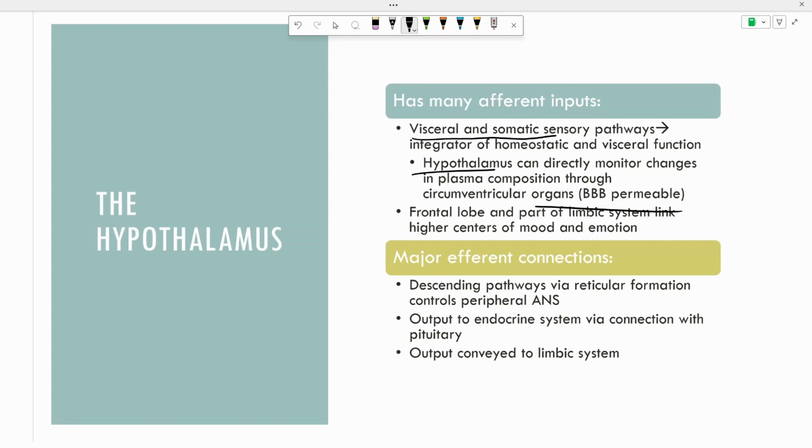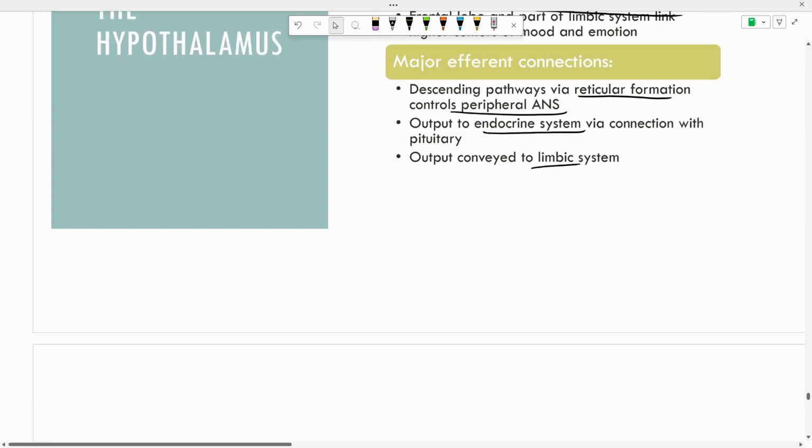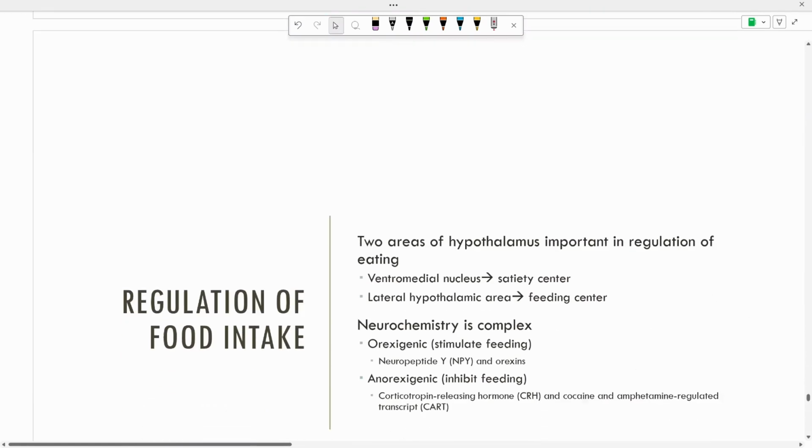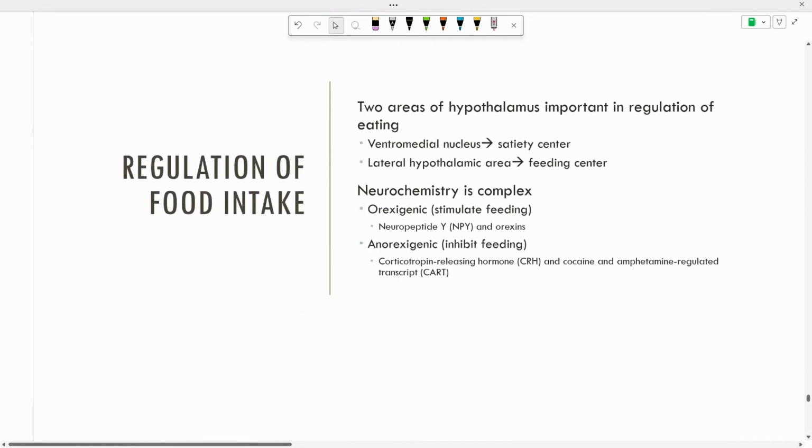It's one of those circumventricular organs, so it can taste the blood, testing for osmolarity, and stuff like that, which we'll get through. The connections, obviously, it's going to go through reticular formation, controls peripheral autonomic nervous system, output to the endocrine system, and obviously our limbic system as well. So hypothalamus is very, very deeply embedded with a lot of parts of our body.